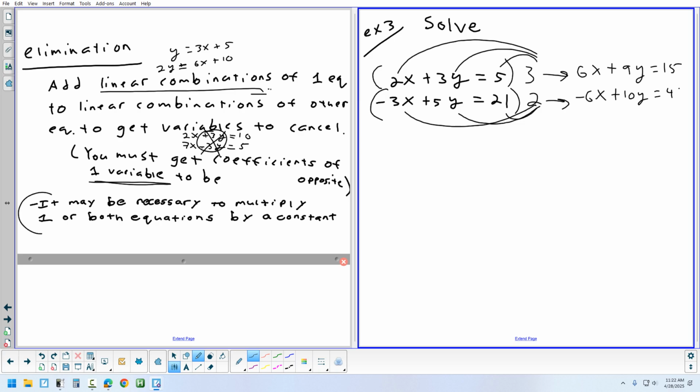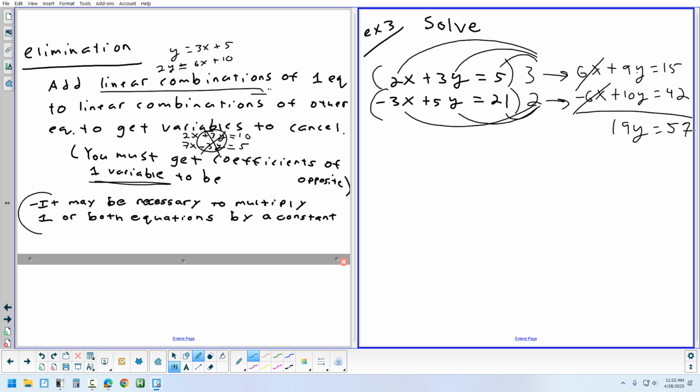And now, since we have x with a +6, one with a -6, when we add them up, they cancel out. What's 9y plus 10y? 19. And 15 plus 42? 57. So we're just adding our columns up.